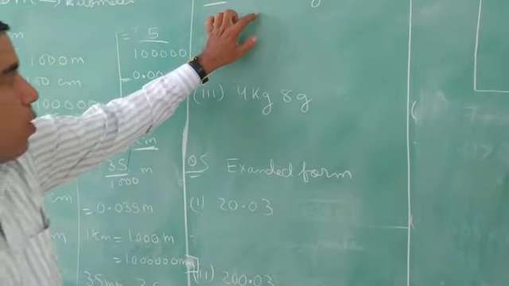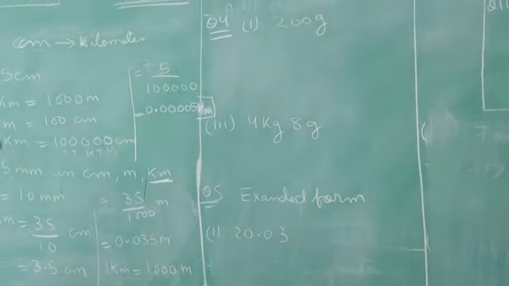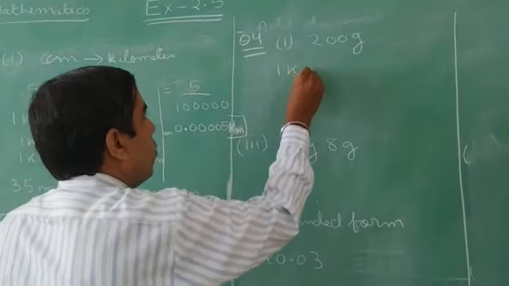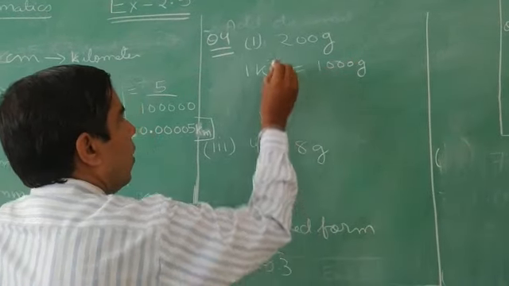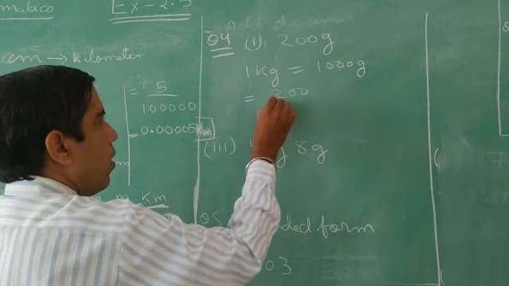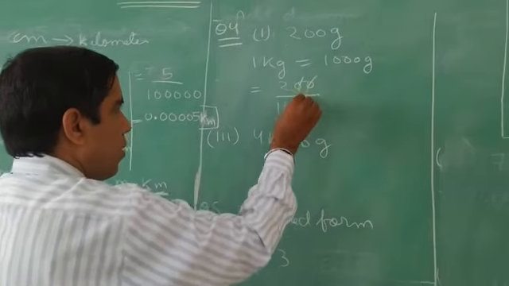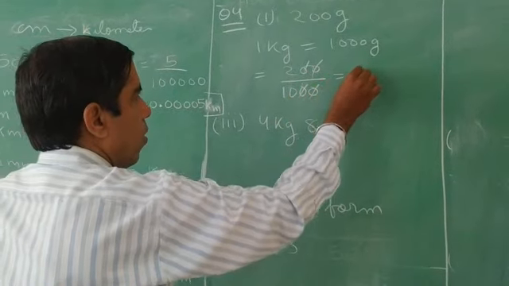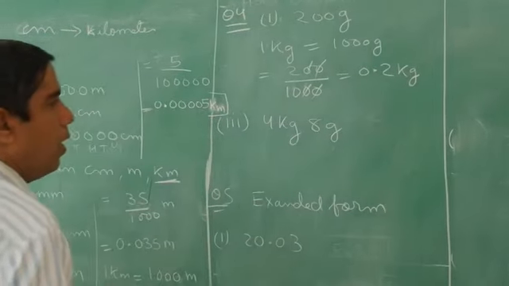So we will see now this 200 gram is given to you. So 1 kg is equal to 1000 grams. So this will come here as 200 divided by 1000. You can see the zeros cancel. The answer is 0.2 kg.